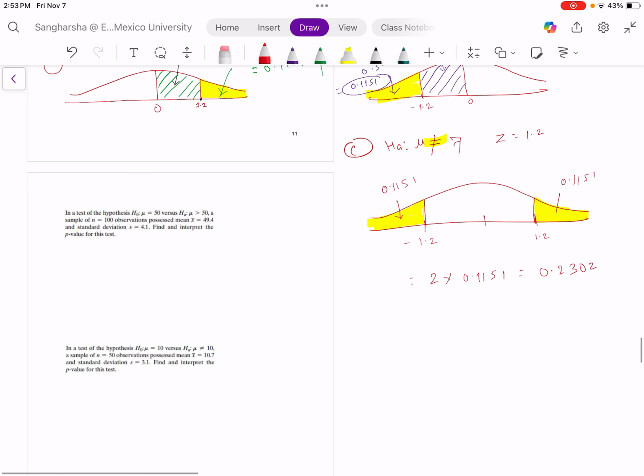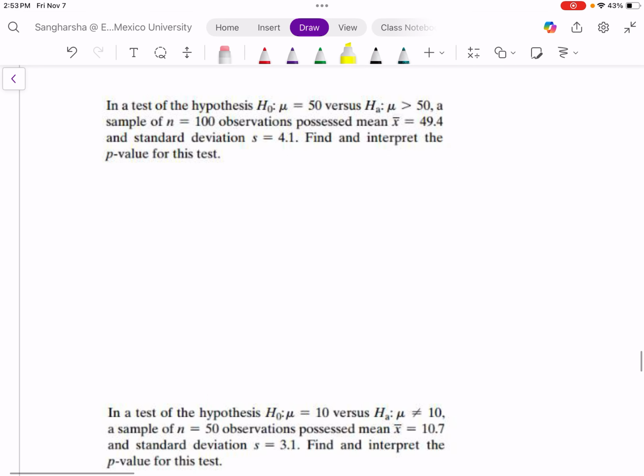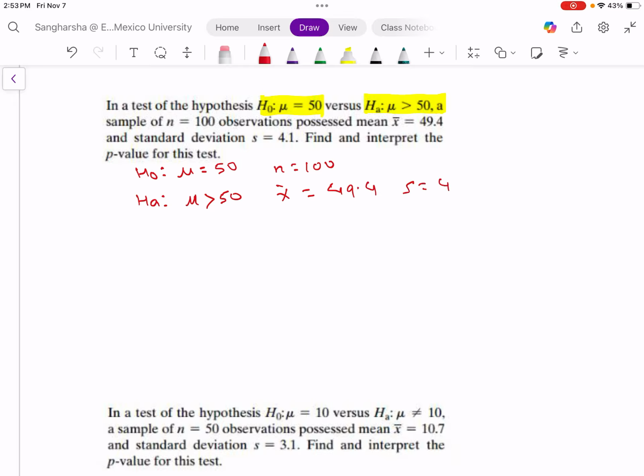Now let's go to the next one. Our null hypothesis is given, alternative hypothesis is given. So let me write down: null hypothesis mu equals 50, alternative hypothesis mu greater than 50, a sample of n, so our n is 100, x bar, the mean of the sample, is 49.4, the standard deviation s is 4.1.